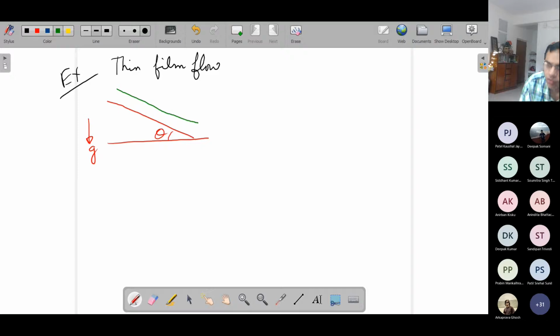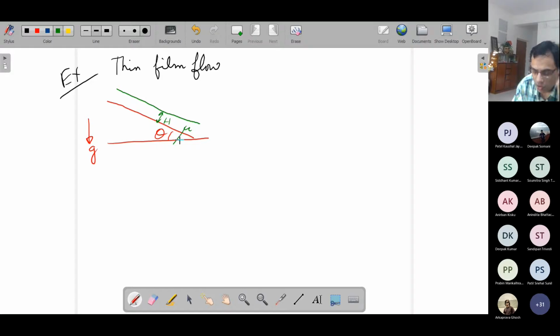And there is a thin liquid film of thickness h, viscosity mu, coming down the incline solely due to gravity.